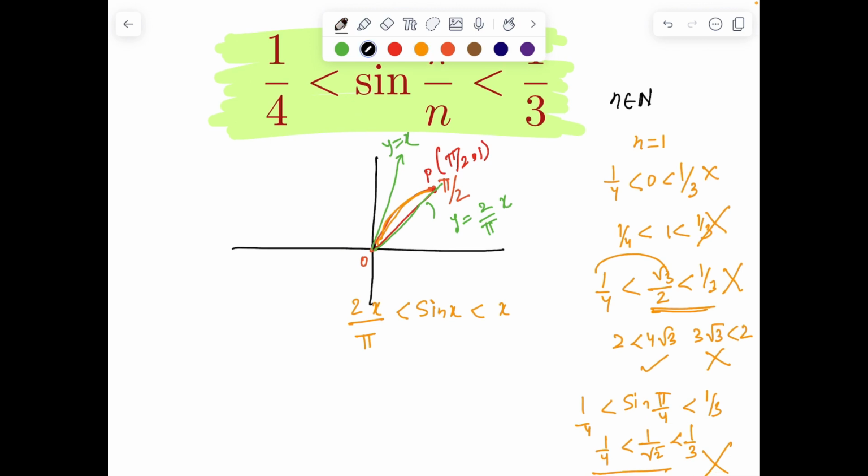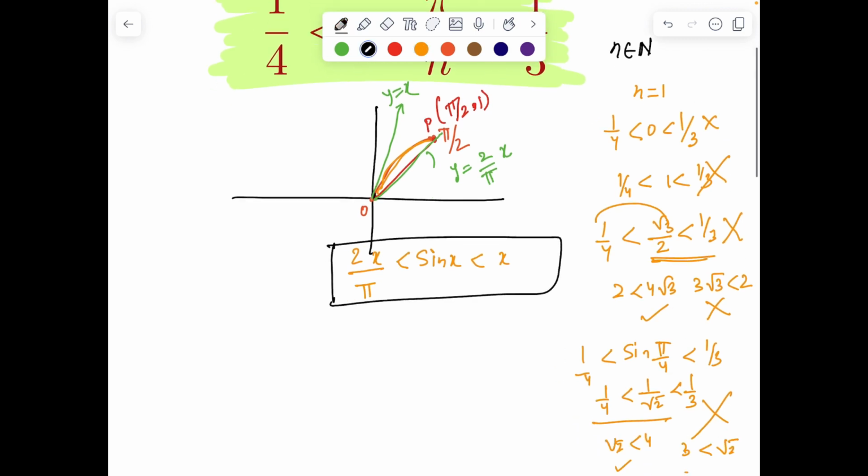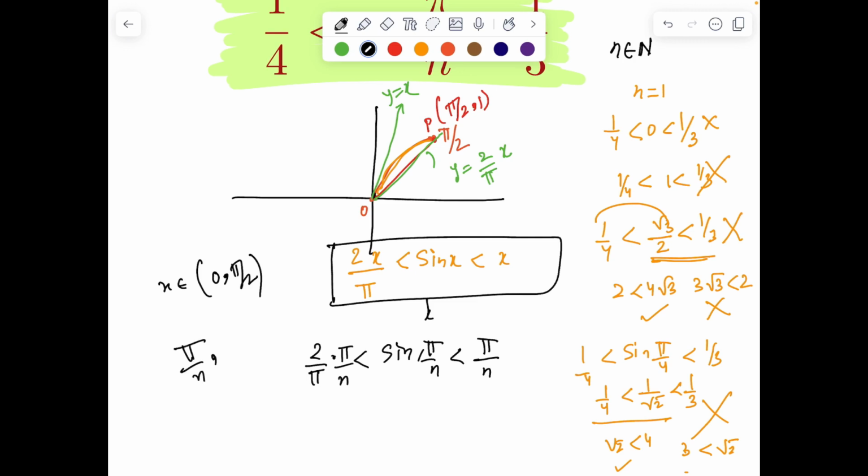This sine x is sandwiched by 2x by pi, right? So that gives me some hope, because if I take sine pi over n, that will be lesser than pi over n, and it will be greater than 2 by pi into pi over n, provided x is in the window of 0 to pi over 2. So clearly the angle pi by n, since we have already checked till n equals 4 it's not working.